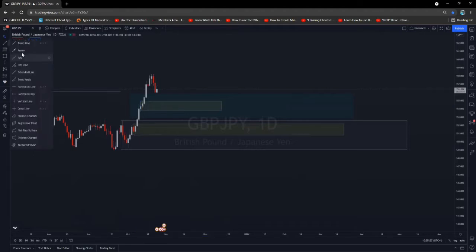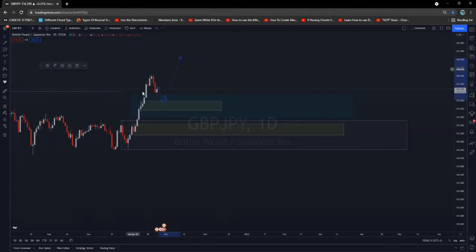So these are the two areas where I'm expecting the market to tap into. Area one, or the market to go for the discounted area, which is nested within a high time frame area. Area two, high probability, low probability.